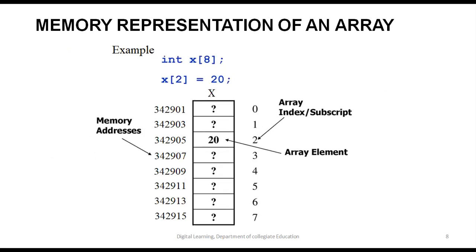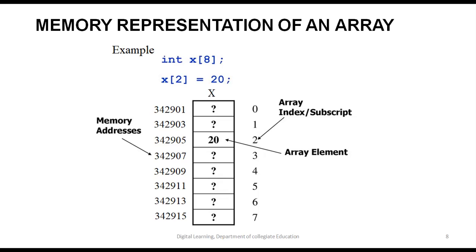Memory representation of an array. Let us consider as an example int x[8], which means that x is an array of size 8 and of the type integer. The operating system will automatically reserve 8 into 2, which is equal to 16 bytes of continuous memory locations during execution.